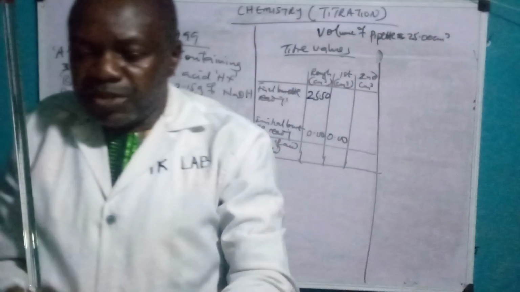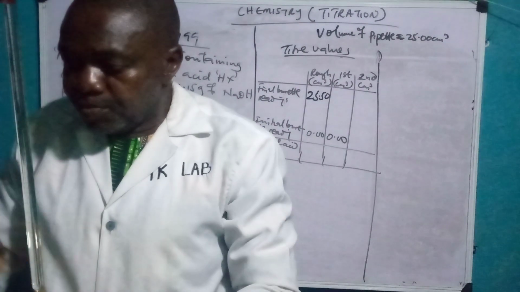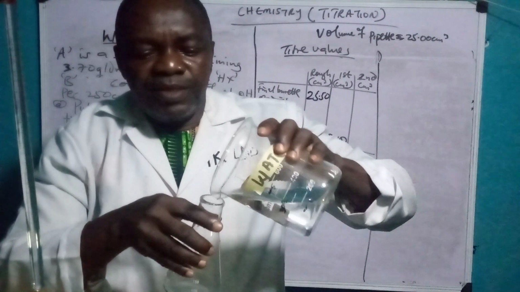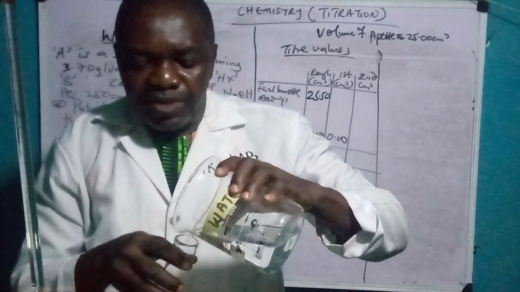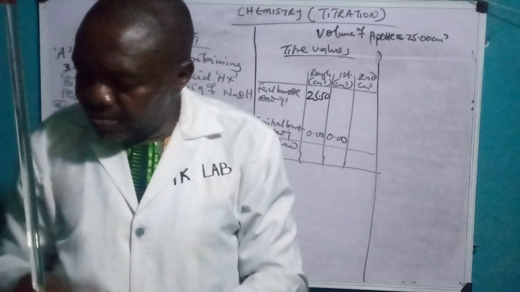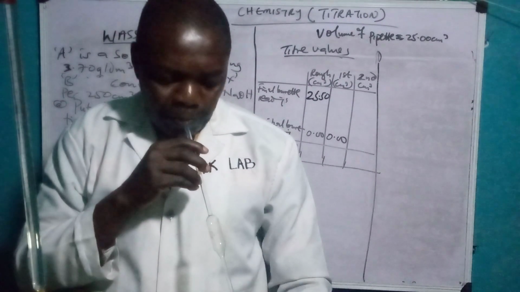All we need now is to readjust it to get to the 0 mark. Good. Discard this. You can see I'm rinsing with water. Just rinse twice. Make sure everything is out of it. And titrate again.